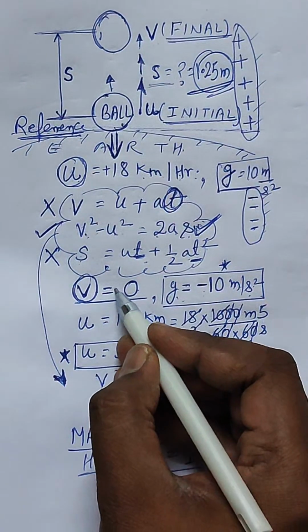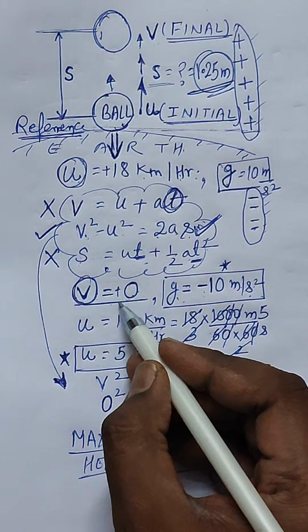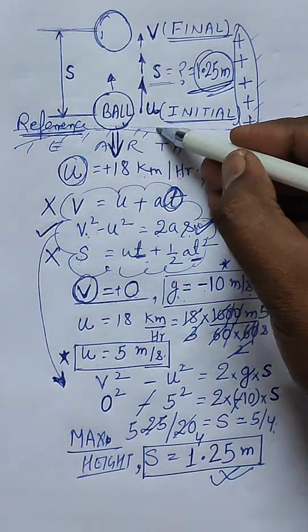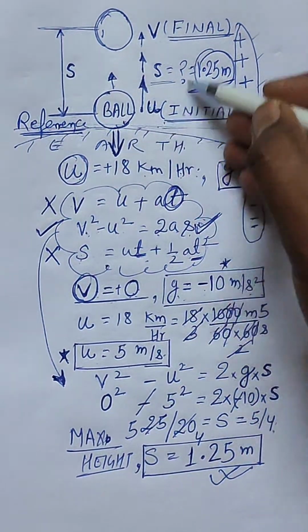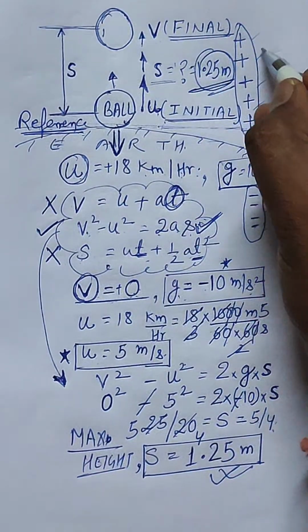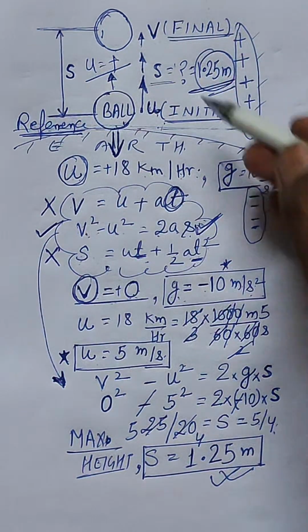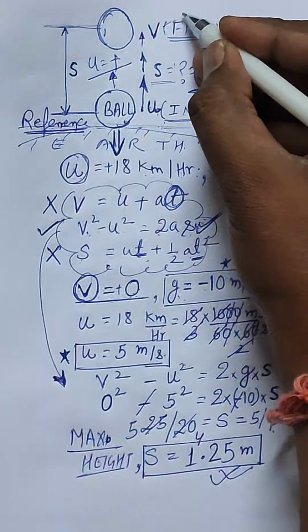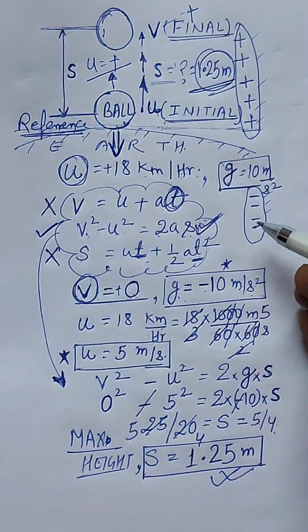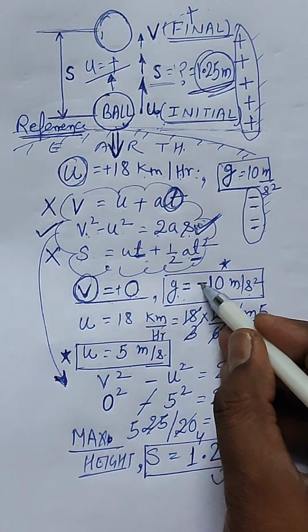V is taken as positive, v is 0, doesn't matter if it's positive or negative, but all the physical quantities above it are positive, so u above the reference level, so u positive, right? V above the reference level, v is also positive, right? G below the reference level, so g is negative, right?